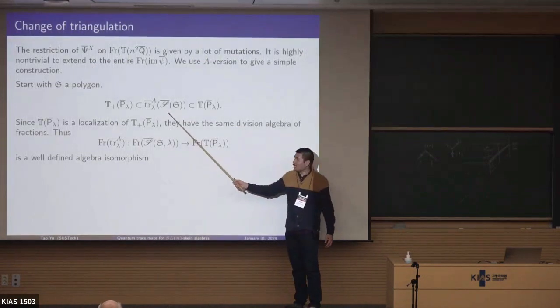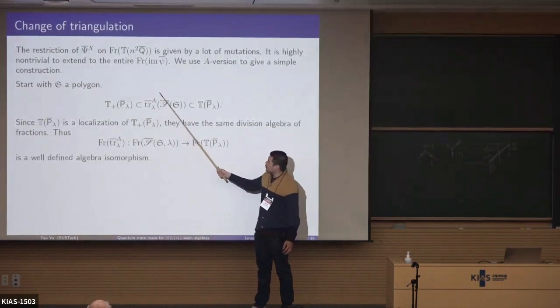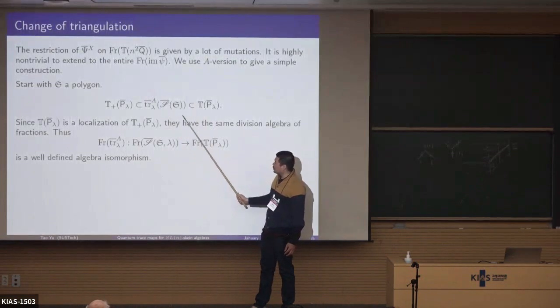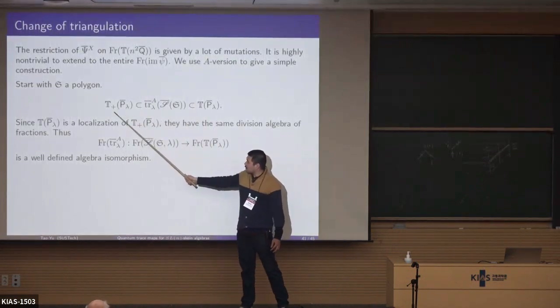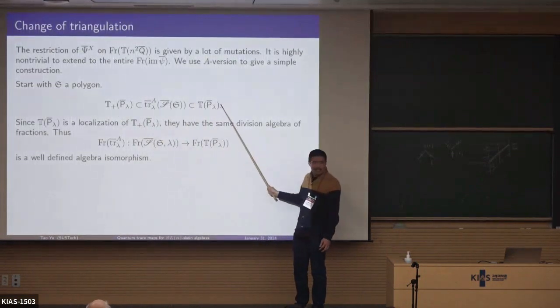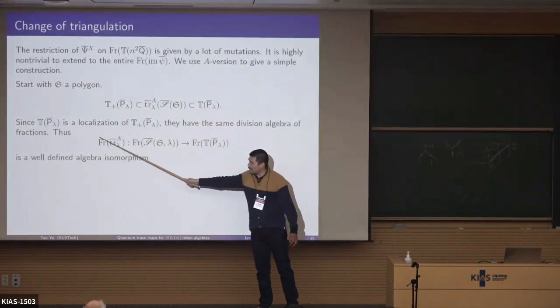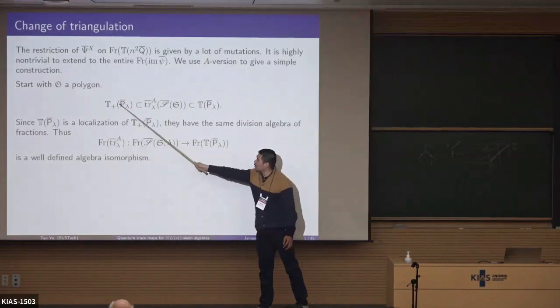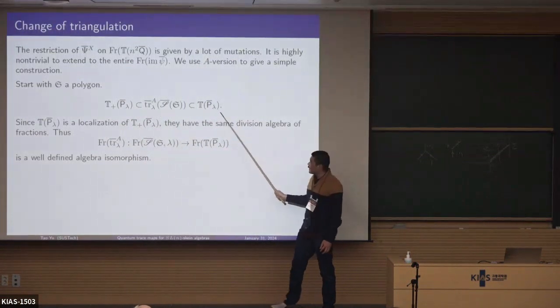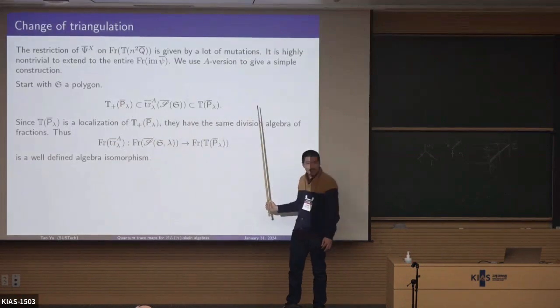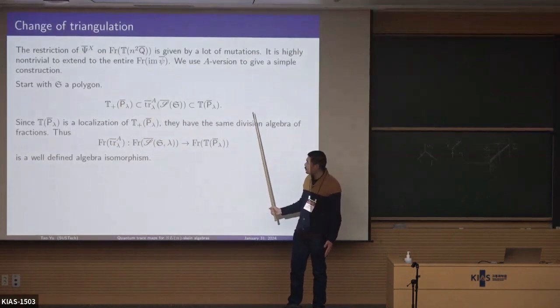Starting with this fact, if you look at the A version, the one related to Muller, there is a subalgebra that upon localization becomes the target of the quantum trace map. So if you take the entire fraction algebra, this containment shows you that the fraction algebra is just isomorphic everywhere.